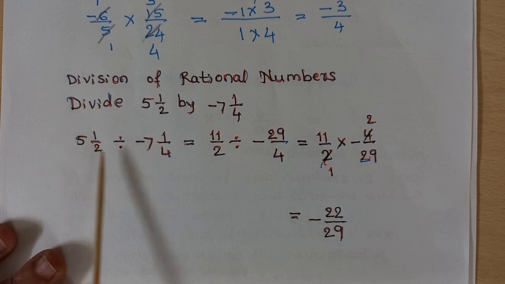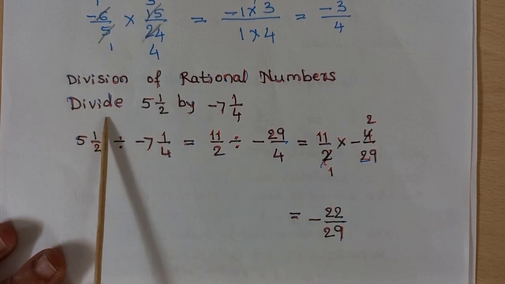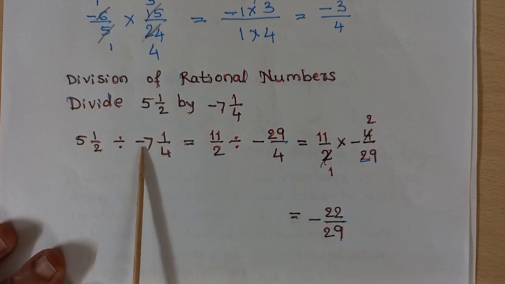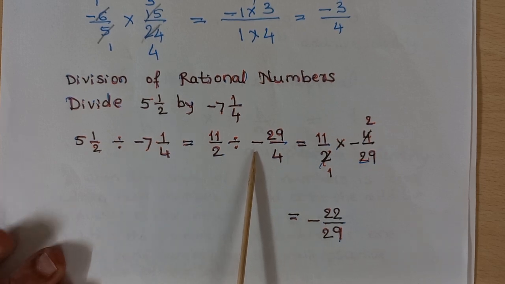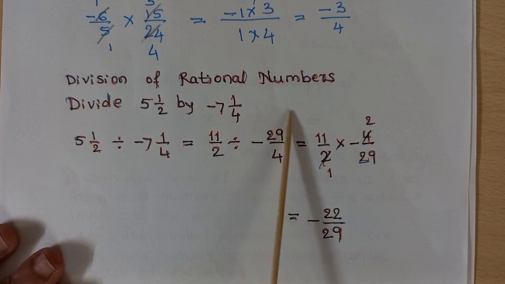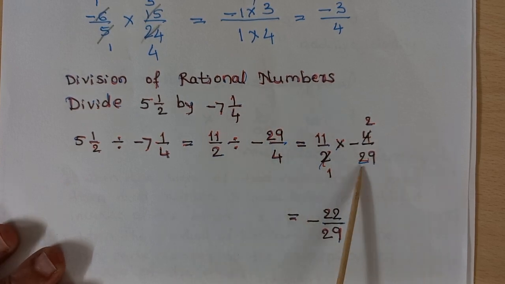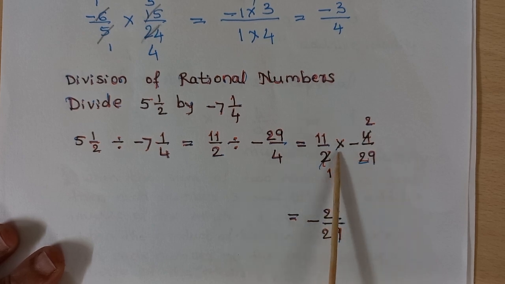Here 5 integer 1 by 2 is written as 11 by 2 because 2 5s are 10 plus 1 is 11, 11 by 2. 7 4s are 28 plus 1, 29 by 4. Because of the minus sign, we should put the minus sign as it is. Then dividend is 11 by 2 and minus 29 by 4 is the divisor. We have to write the reciprocal of the divisor and change the operation to multiplication.